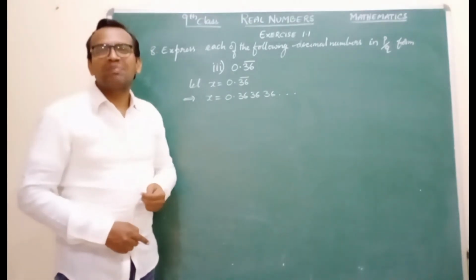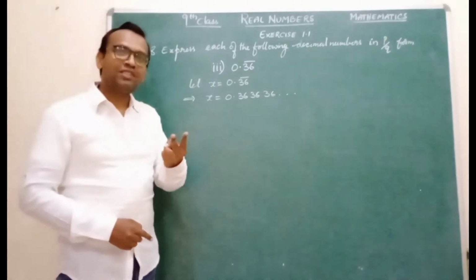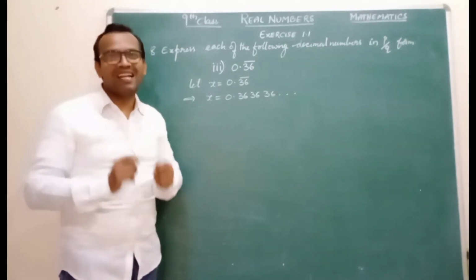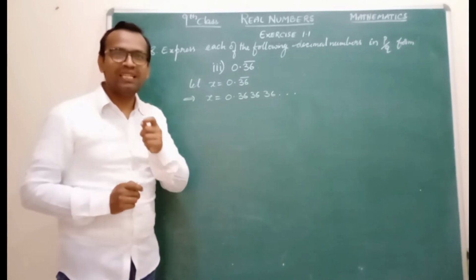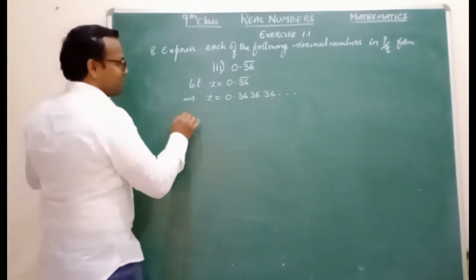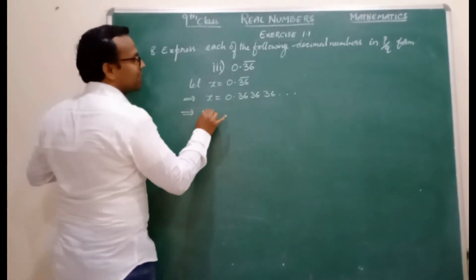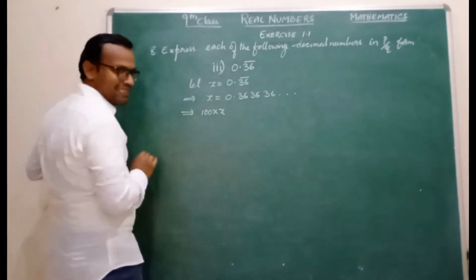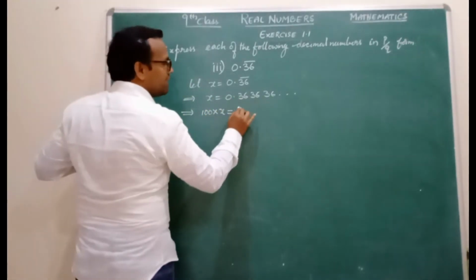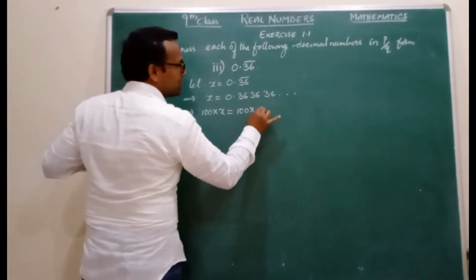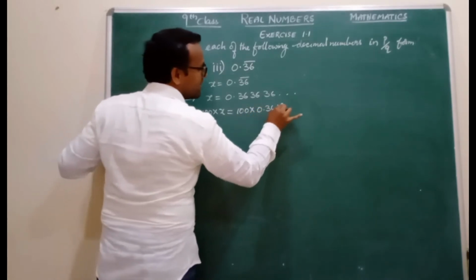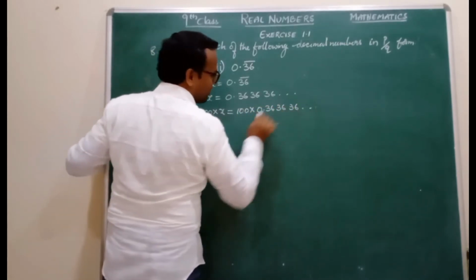So we have to multiply by 10 power 2. 10 power 2 is nothing but 100. So we have to multiply by 100. So if I multiply by 100, 100 into x is equal to here 100 into 0.3636 and 36 so on.